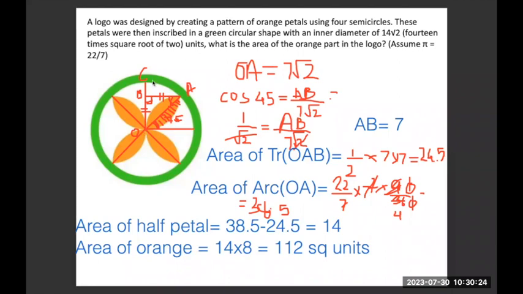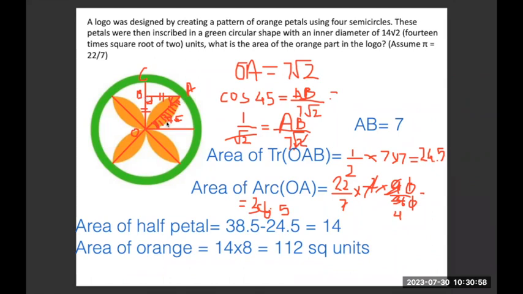See, the inner part of the circle with center O has diameter 14√2, which means the radius OA is 7√2, half of 14√2. Now this OA is a segment of a circle with center B, which is here.